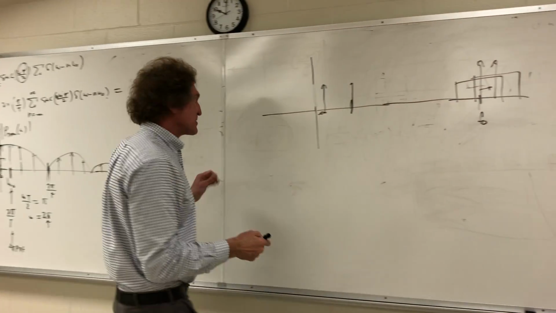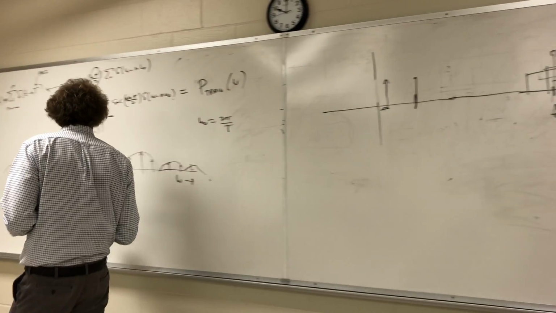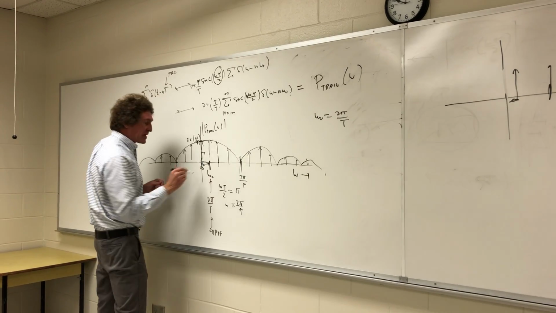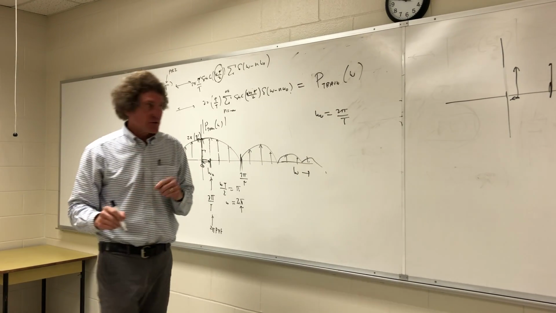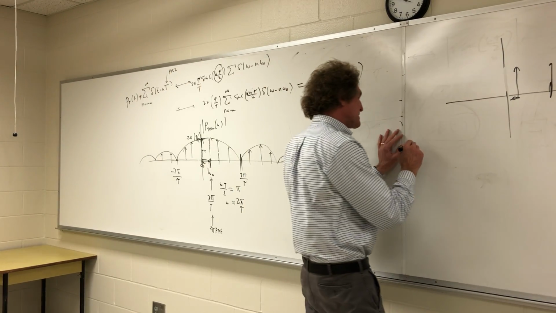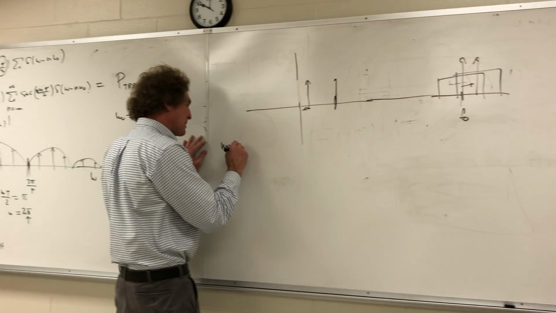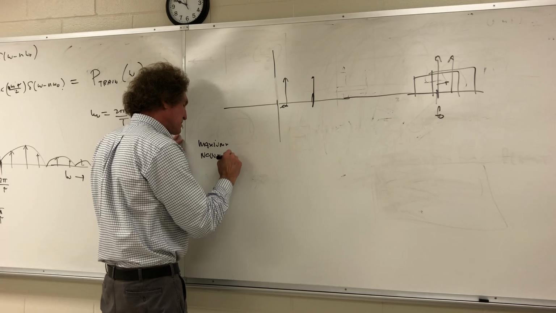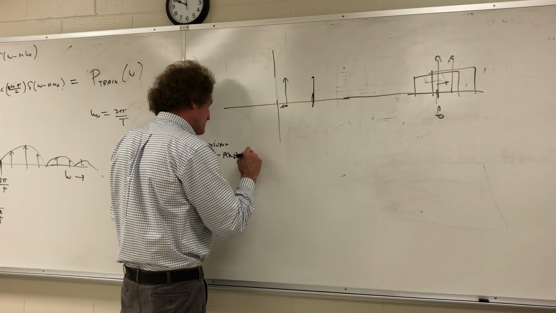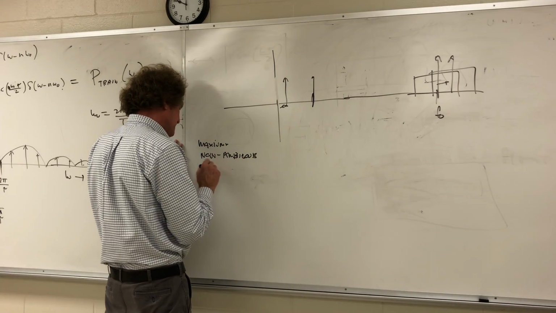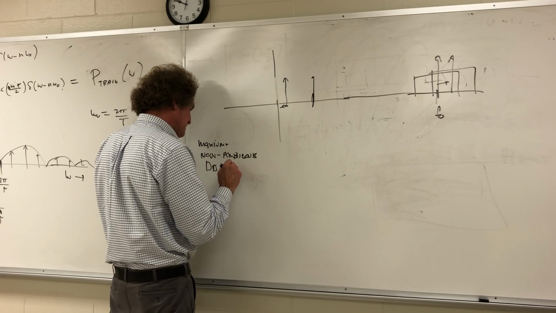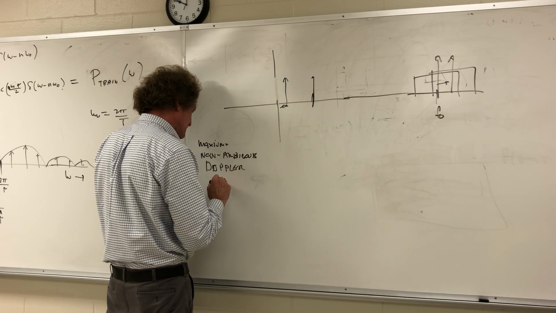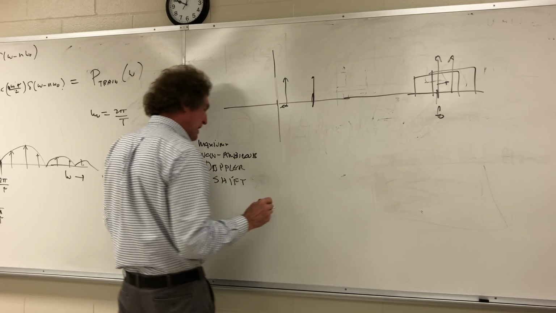And here's what it comes down to. The maximum non-ambiguous Doppler shift is omega naught divided by 2 in radians. So write this down. This is the maximum non-ambiguous Doppler shift, and this is in radians.